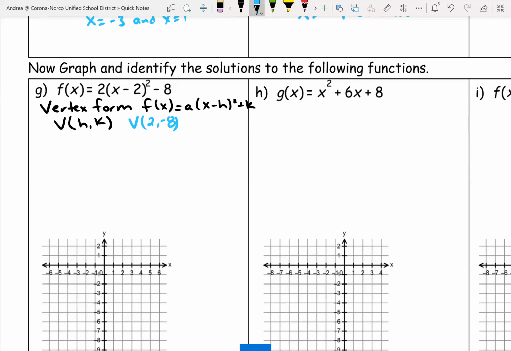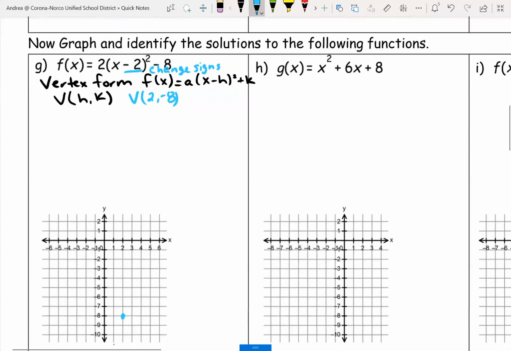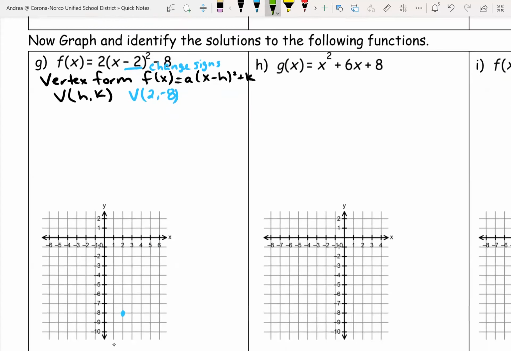Remember on the 2 inside the parentheses, we changed the signs, just inside the parentheses. So I go where x is 2 and y is -8. The axis of symmetry was x equals 2.